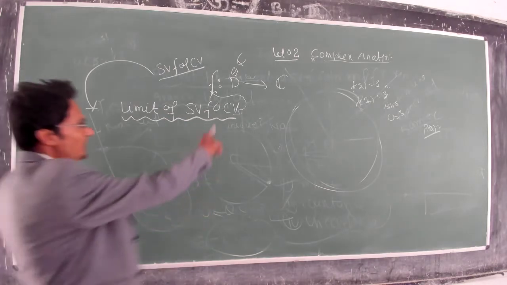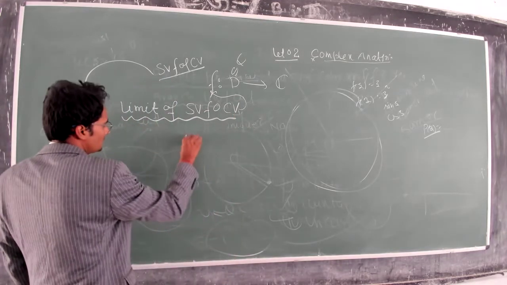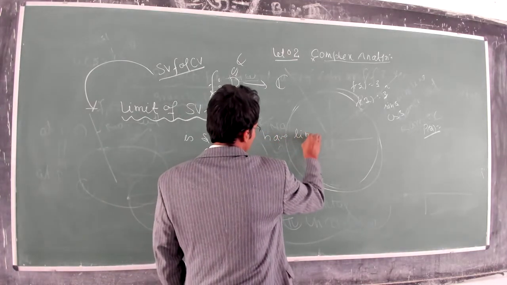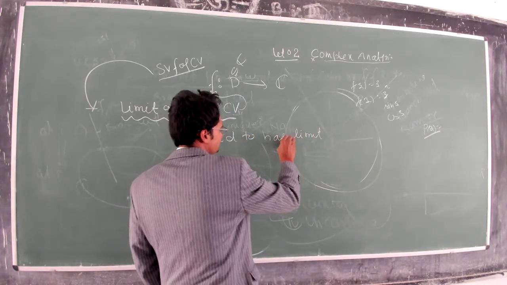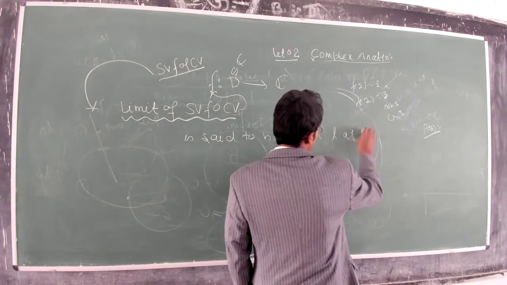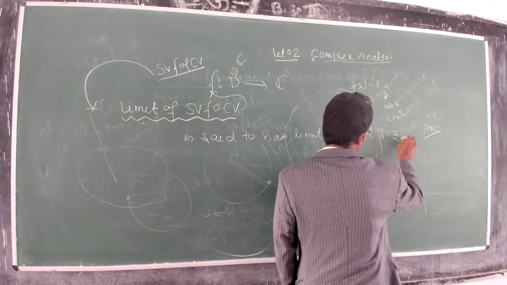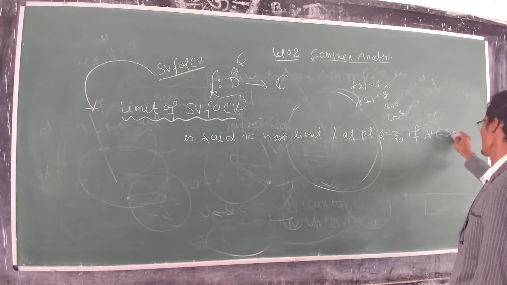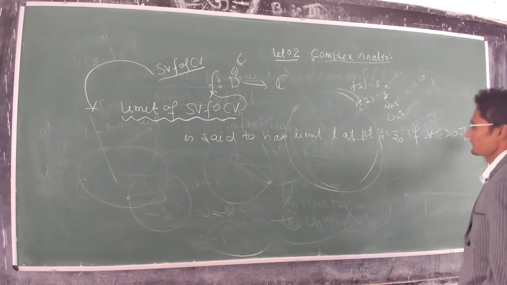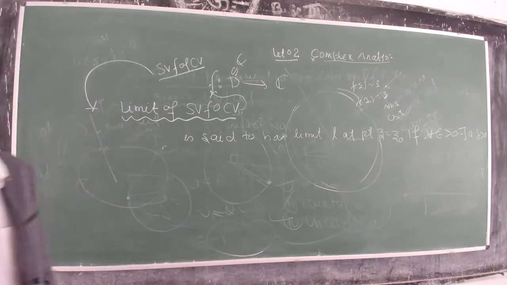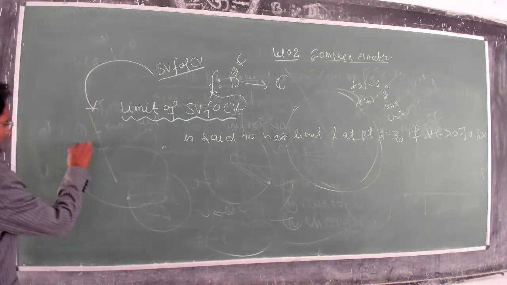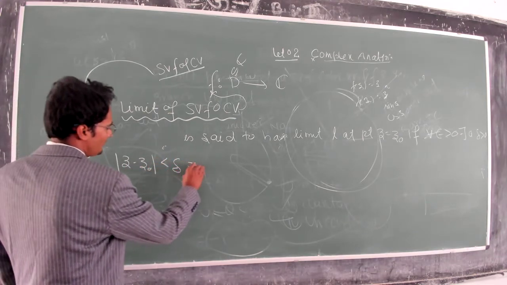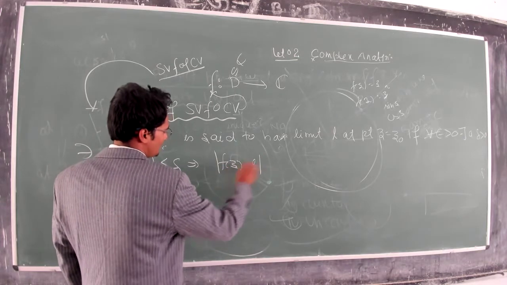So, the function defined from D to C is said to have limit L at point z equal to z naught if for every epsilon positive there exists a delta positive such that mod z minus z naught less than delta implies that mod f(z) minus L less than epsilon.